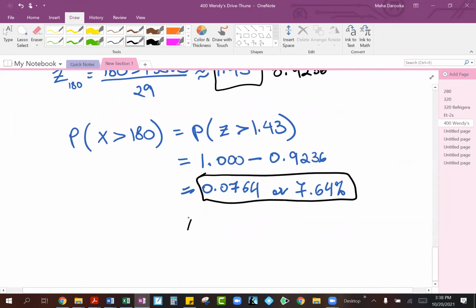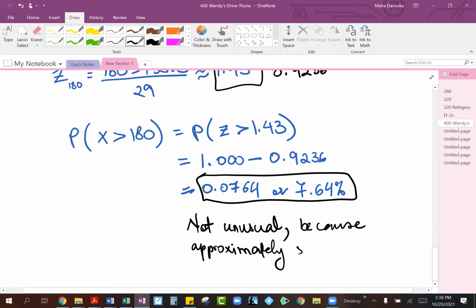So yeah, very nice. Not unusual. Like I said, because approximately 8 out of 100 cars will spend more than 3 minutes.